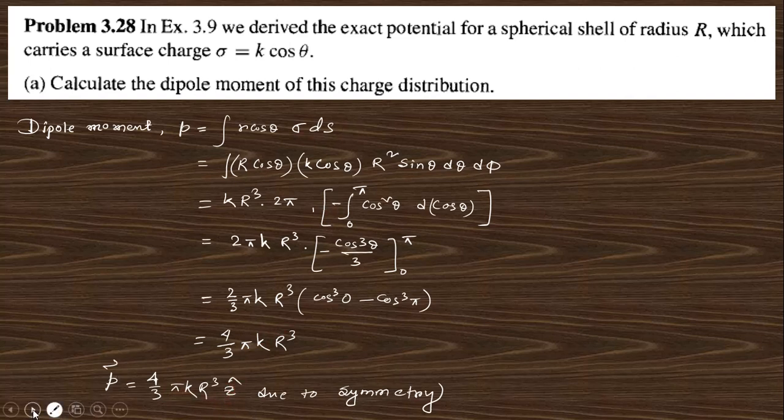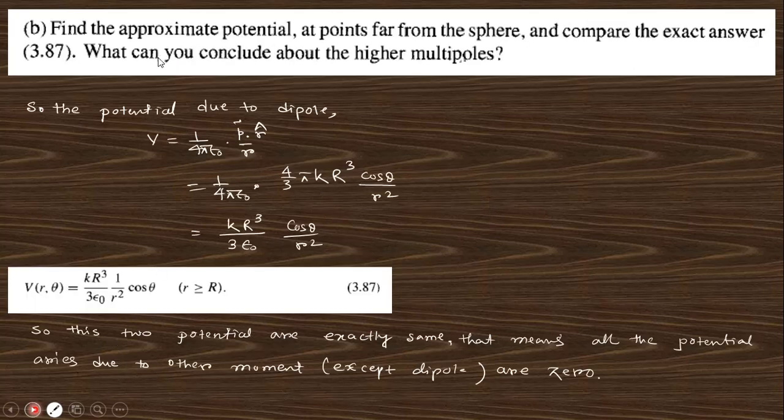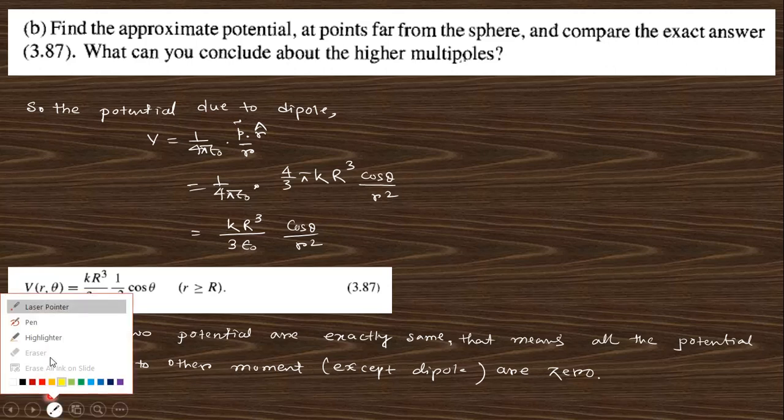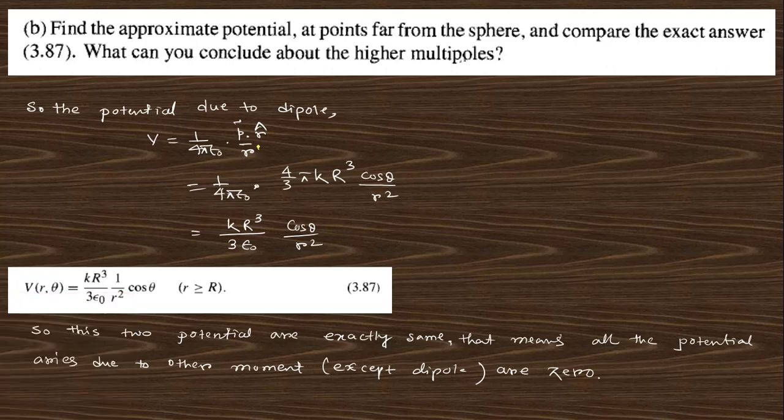Okay, so that's it. Next part of this question: find the approximate potential at points far away from the sphere, compare it with the exact one, and say what you can conclude about the higher multipoles. So the potential due to the dipole is 1 by 4 pi epsilon naught r square, sorry, there was a mistake, it should be r square.